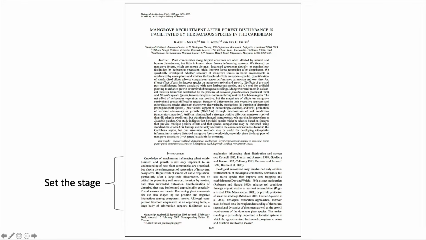In our paper, we set the stage in the first paragraph by describing the larger topic of how plant communities are organized and how such knowledge leads to better ways to restore disturbed ecosystems. We then explained the process studied and provided examples from other ecosystems.